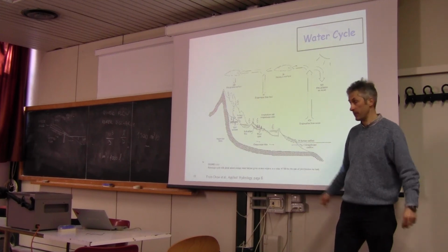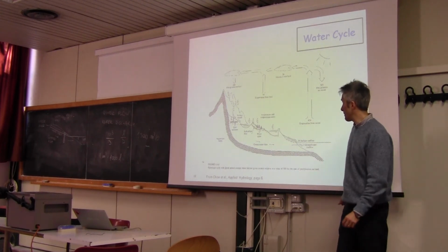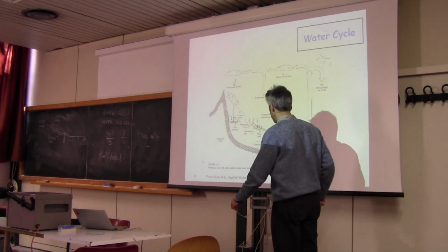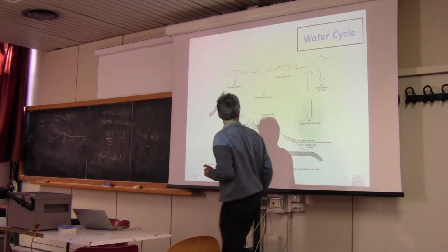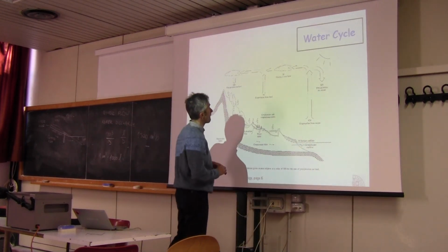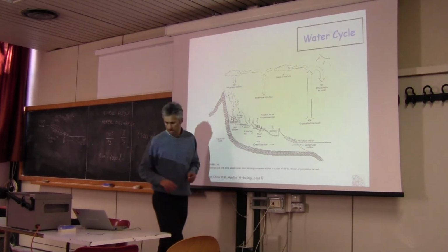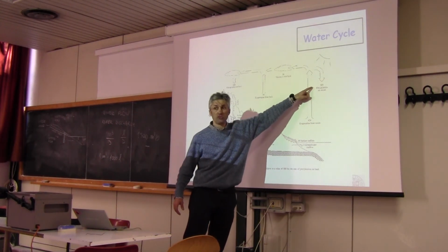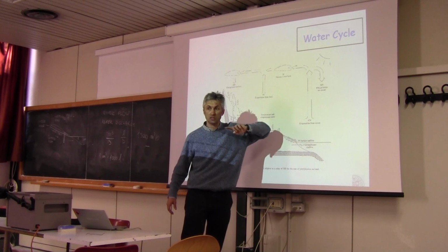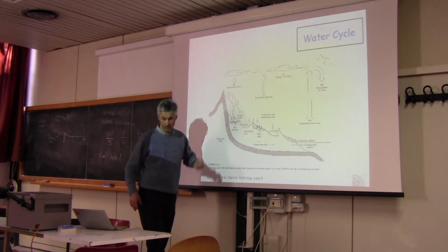Here it's written. Let me now go to the next one. Precipitation over the ocean is almost 4 times precipitation over the lands.